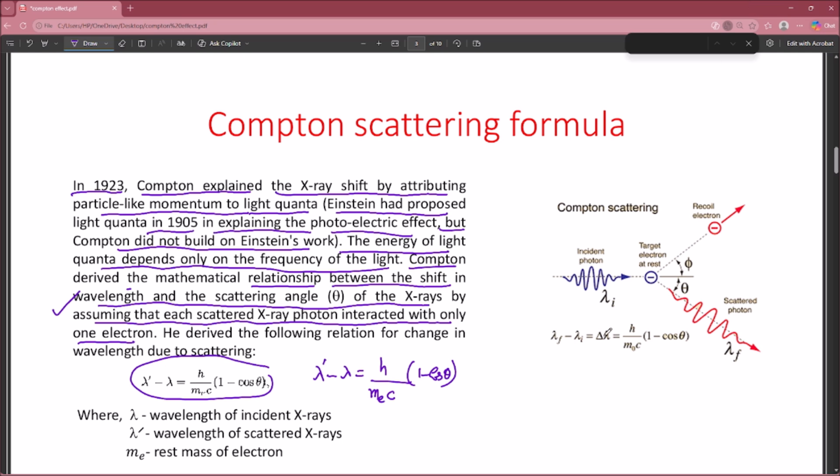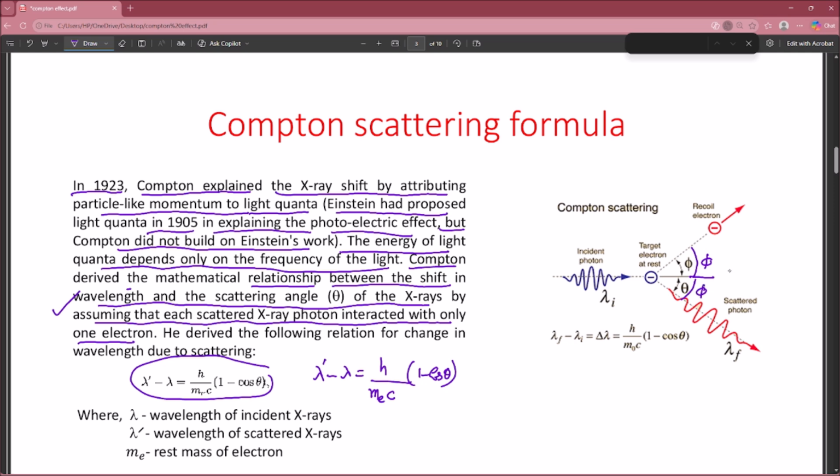Here the diagram is: this is the incident photon, this is the target electron which is at rest. After scattering, the recoil electron makes an angle phi with the x-axis, and the scattered photon makes an angle theta with the x-axis.